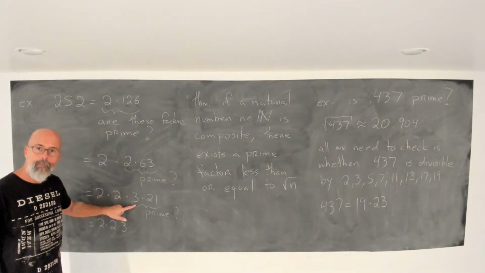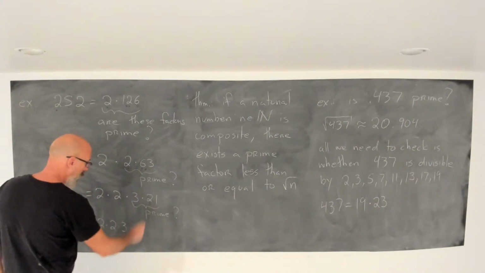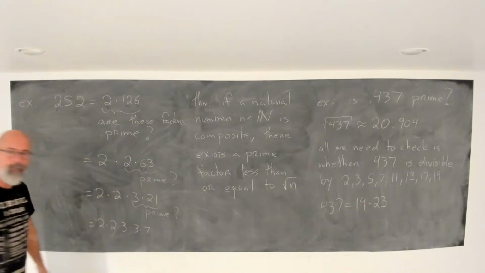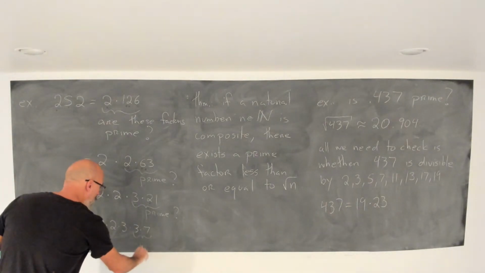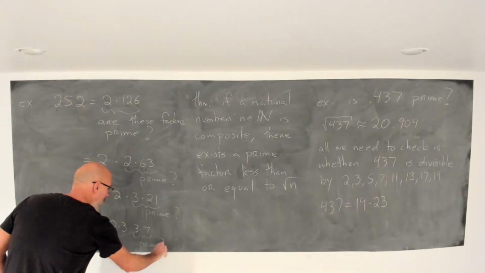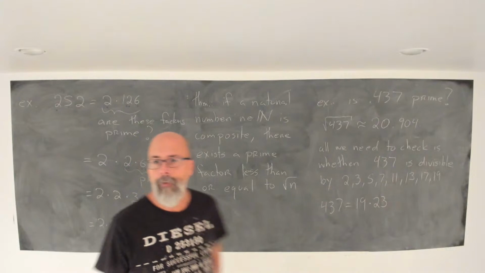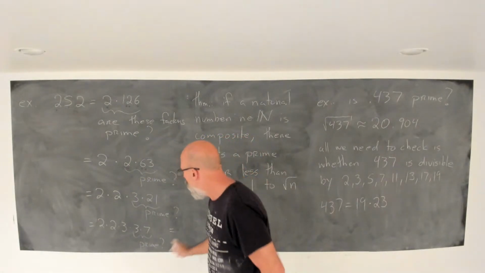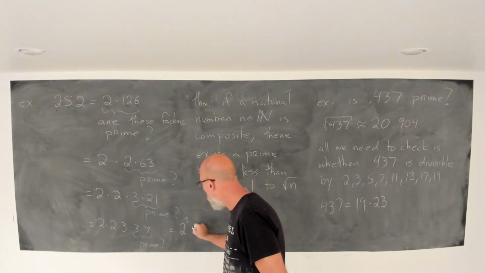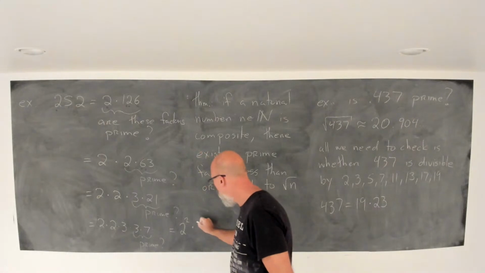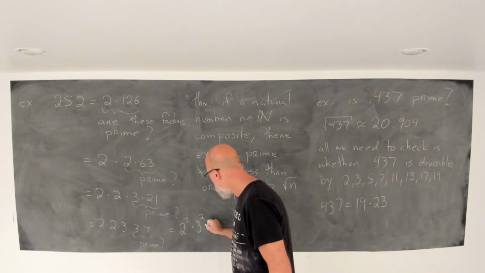Well, 3 is, but 21 is not. 21 is 3 times 7. And repeat, are these factors prime? Now the answer is yes. So we can rewrite this as 2 times 2, or 2 squared, 3 times 3, or 2 of those 3's, and a 7.